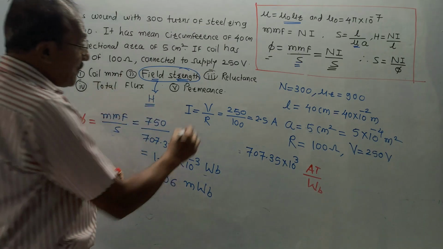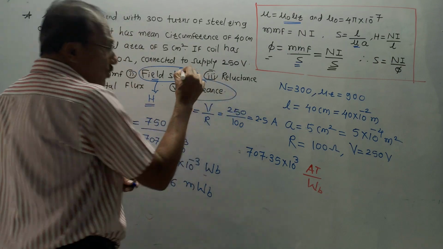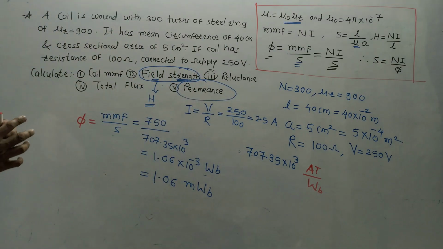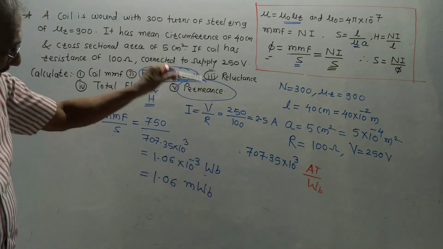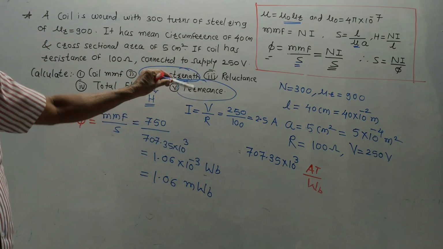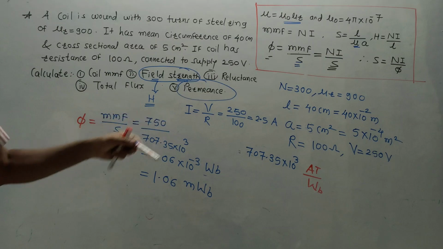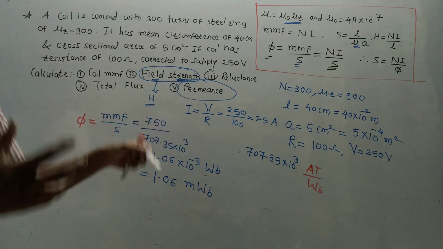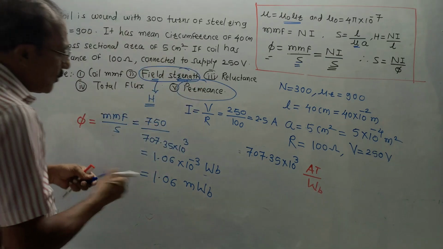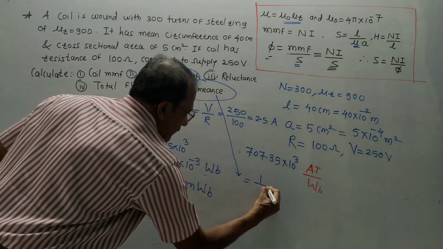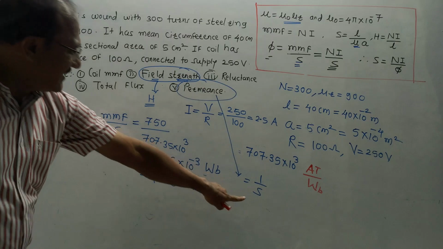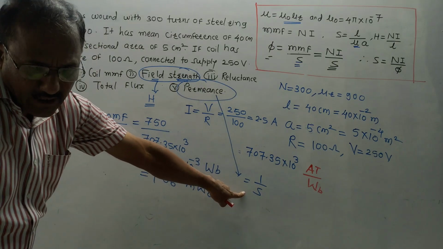Now last part, permeance. This is the new term for you. Reluctance is opposition to the flow of magnetic field. Permeance is the reverse of that. Think of it like this: it is giving permittivity for the magnetic flux to pass through the medium. So permeance is 1 upon reluctance, so it is 1 upon S. S is the value of reluctance, which we have already calculated.